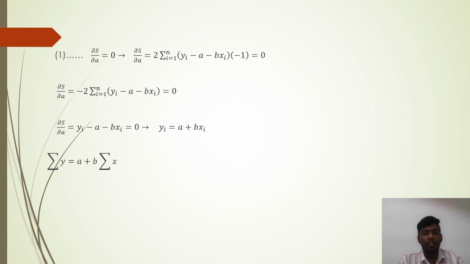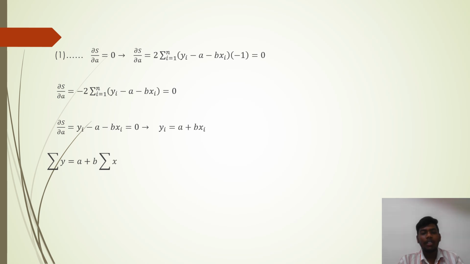That becomes minus 2 into the summation of i equals 1 to n of (yi minus a minus bxi) is equal to 0, so yi minus a minus bxi is equal to 0.